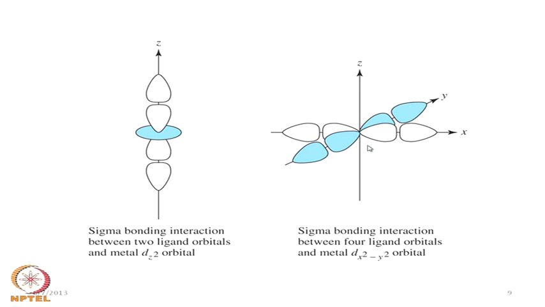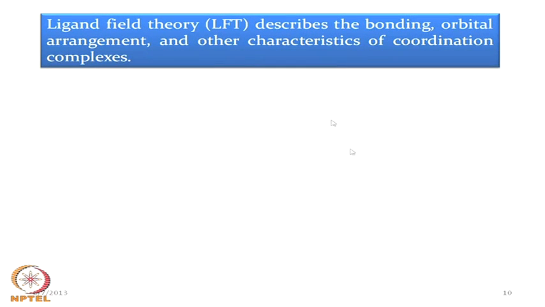These two orbitals also nicely give us the corresponding sigma overlap. When they are in x square minus y square symmetry, they also go for head-on overlap with the ligands coming from the x and y directions. So, these two orbitals are well matched for giving the sigma symmetry for the formation of the sigma bonds in the metal complex in octahedral symmetry.